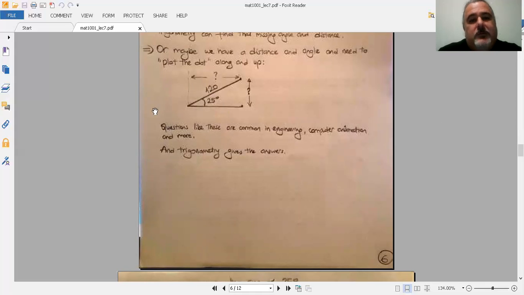So, of course, by using trigonometry, we can solve it. Questions like these are common in engineering, of course, architecture, computer animation, and more. And as I told you, by using trigonometry, we can find the answer.